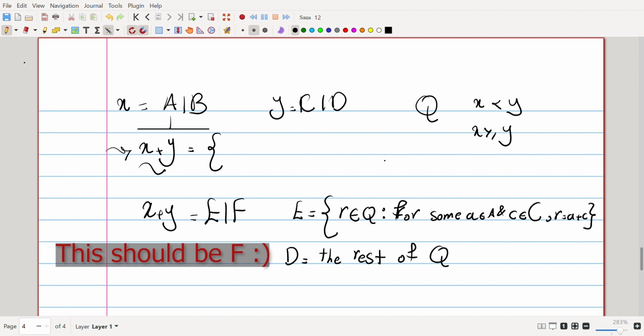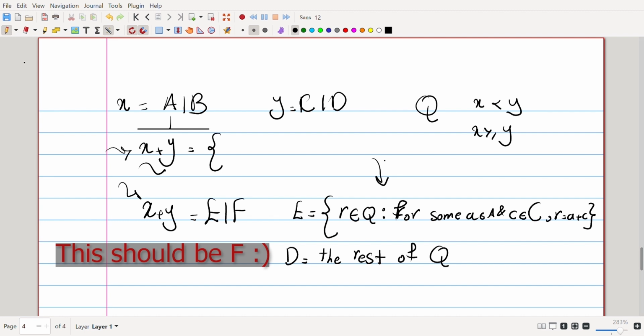Okay, here, what's the answer of x plus y with this definition? It certainly is another cut, and the way we define it is like this.